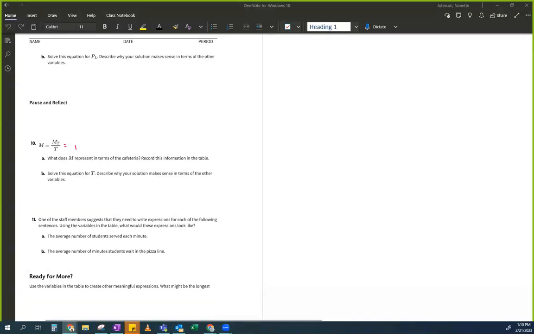I'm looking up at the chart so I don't have to scroll forever. It says that M sub M_T is the number of minutes it takes to serve lunch to all students. So total minutes to serve all students.